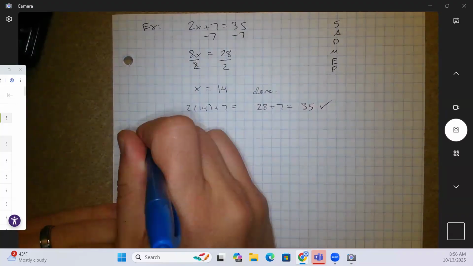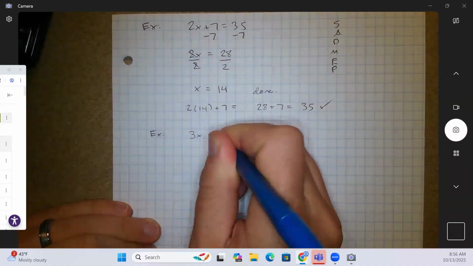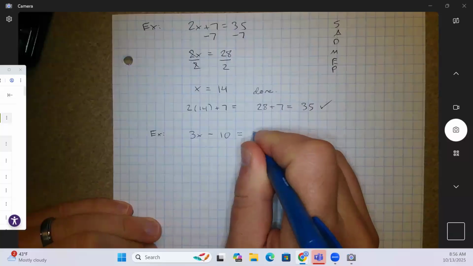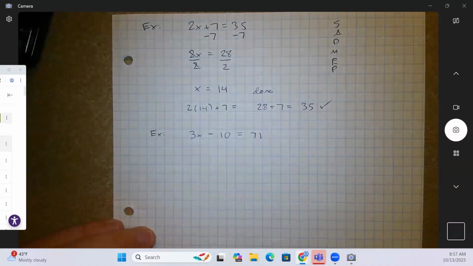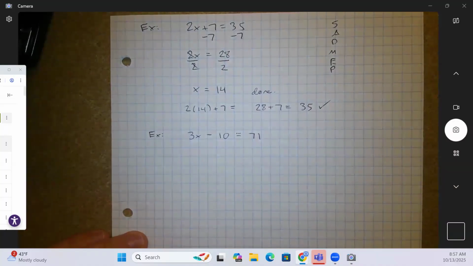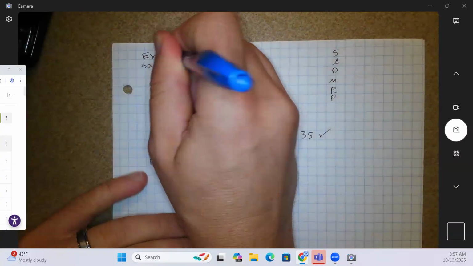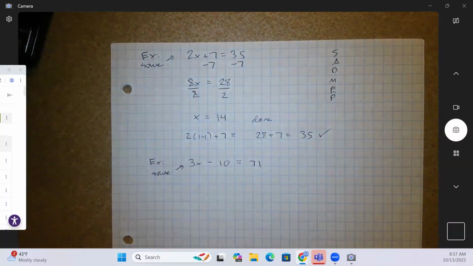Let's do another example. 3x minus 10 equals 71. We're trying to solve. I really should be writing solve, because we can do different things with equations.